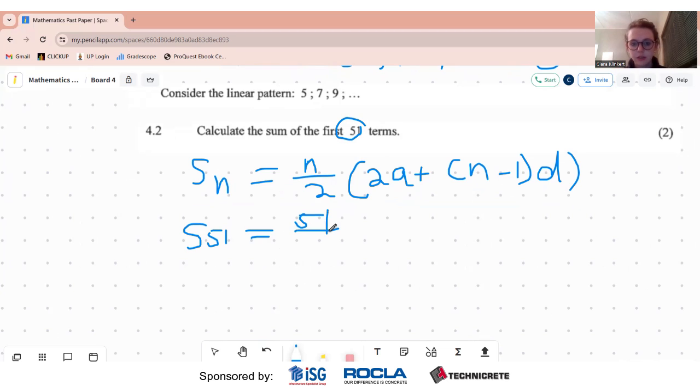51 over 2 times 2a. A is equal to the first term, which is 5, plus n minus 1, so 51 minus 1, times d, which we know is 2.